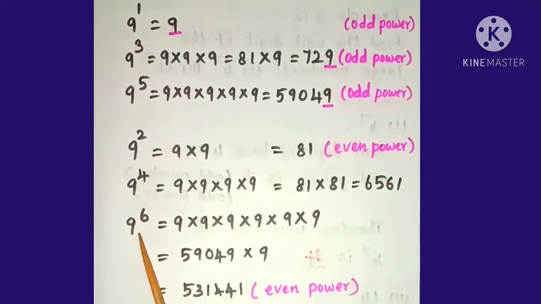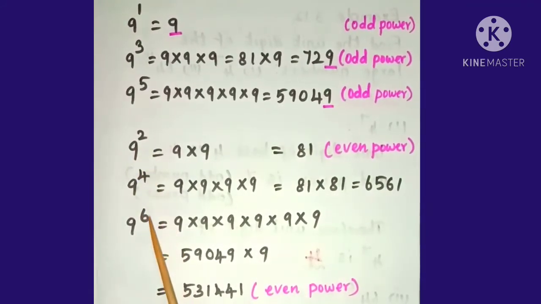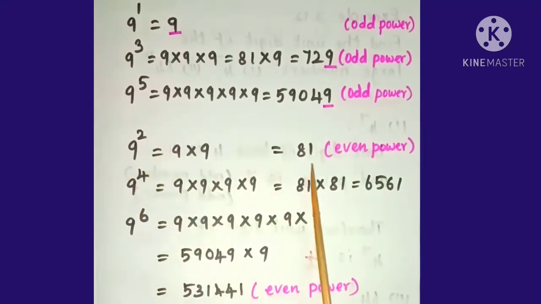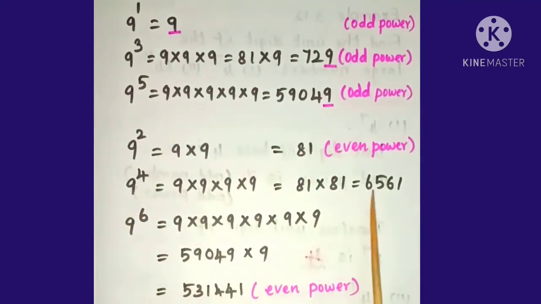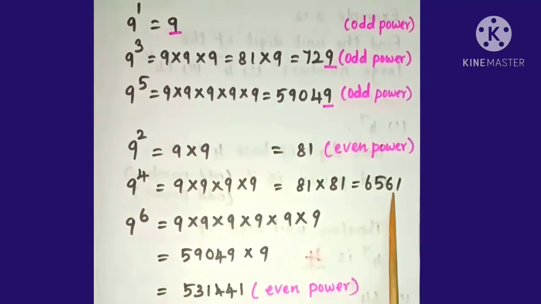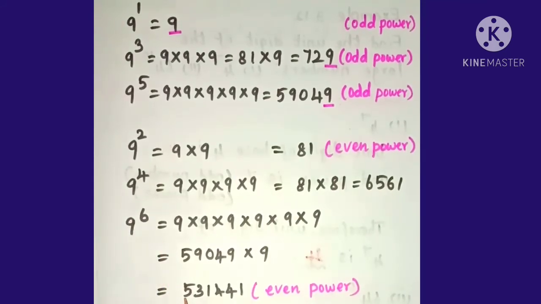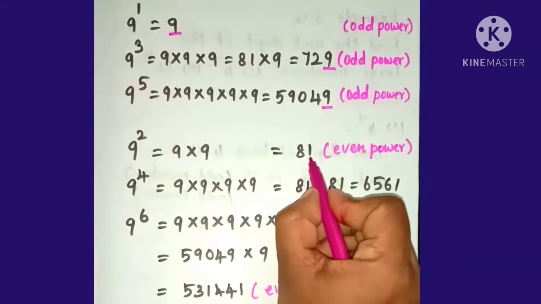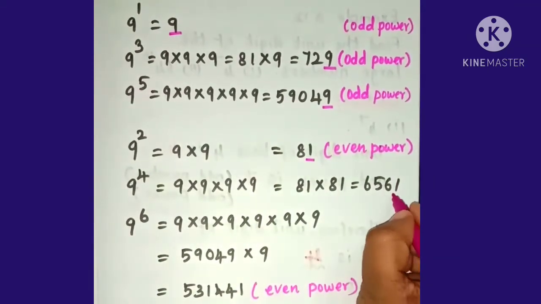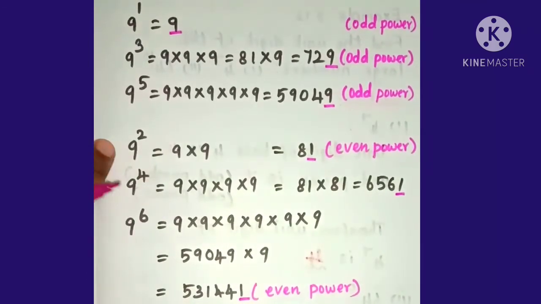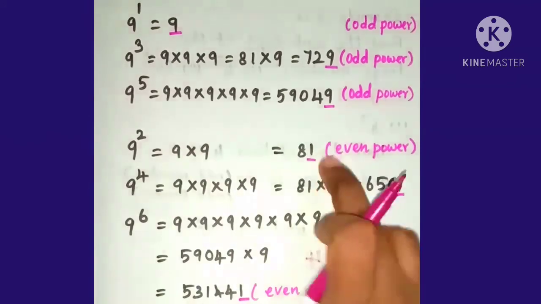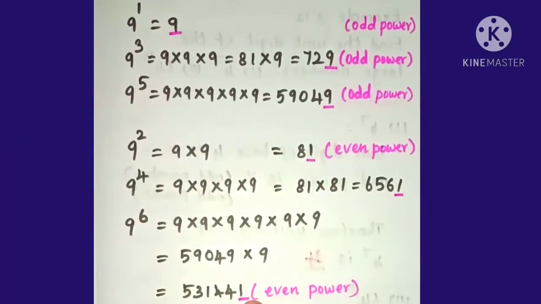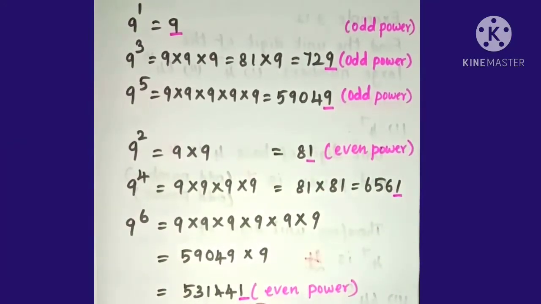See here, when it is even powers, 9 square is 81, 9 power 4 is 6,561, and 9 power 6 is 531,441. So what we notice here is that for even powers, we get 1 as the unit digit, isn't it?